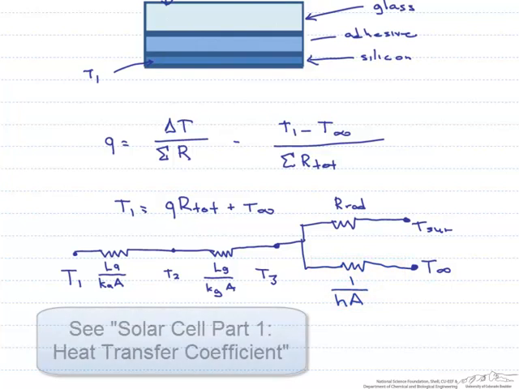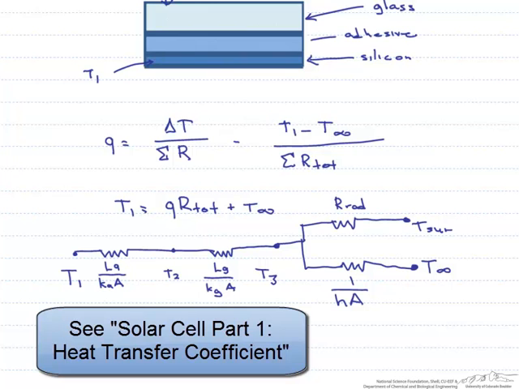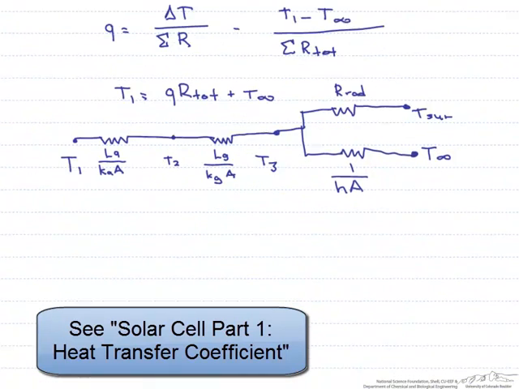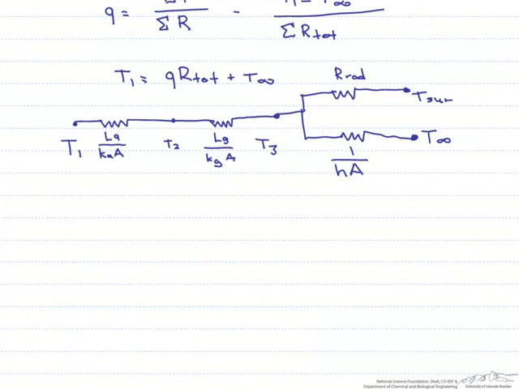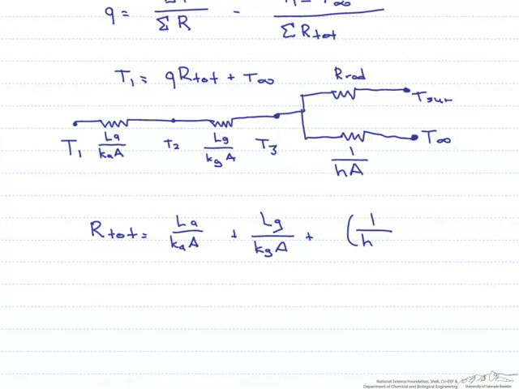So we solved for H in a previous screencast, so we can write this entire circuit out in terms of our total resistances. Our total resistance is L_A divided by K_A times the area, plus L sub G divided by K sub G times the area, plus 1 over HA plus the resistance of the radiation, and since these two are in parallel, this is to the minus 1.